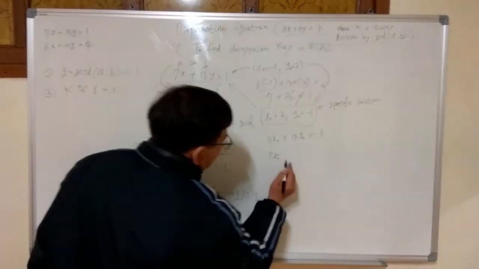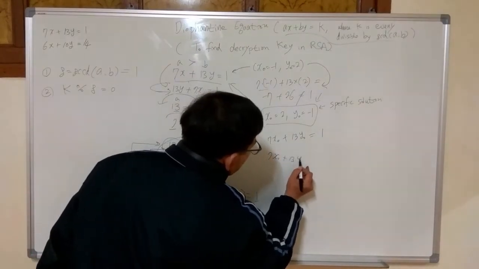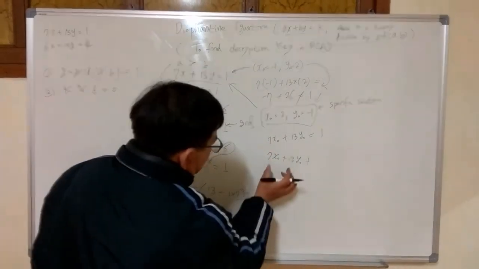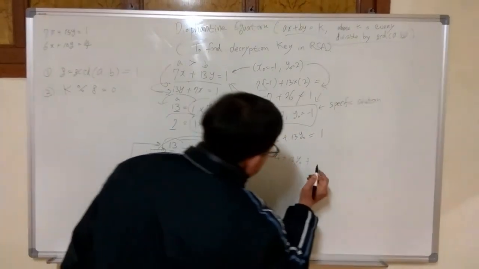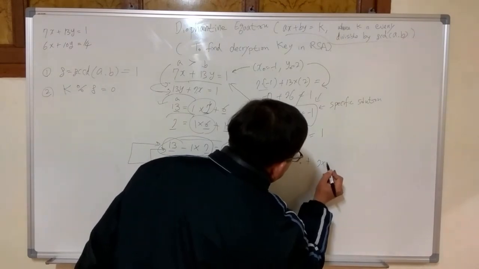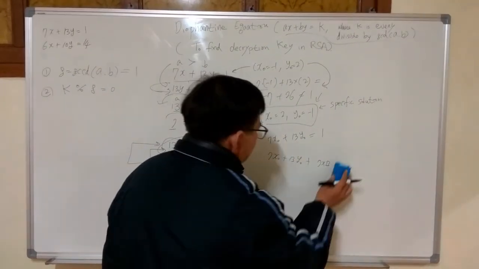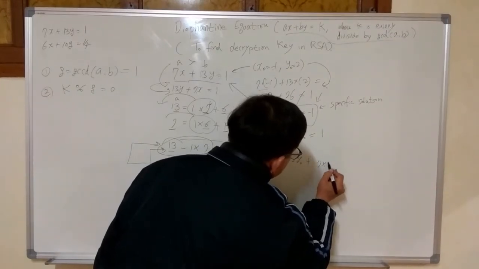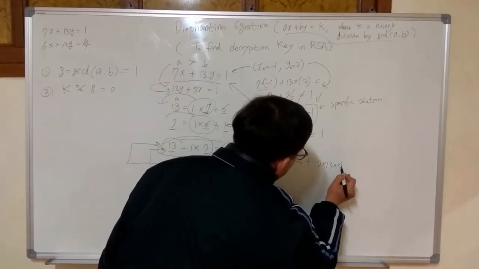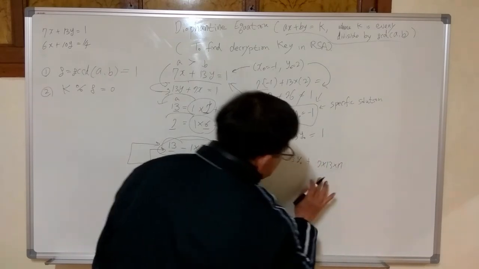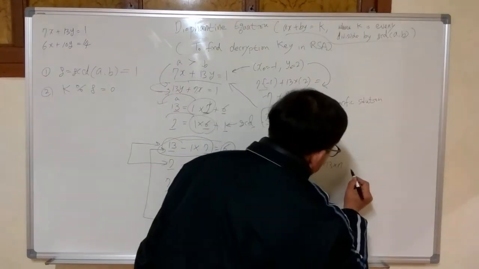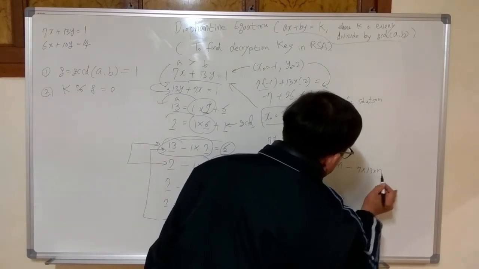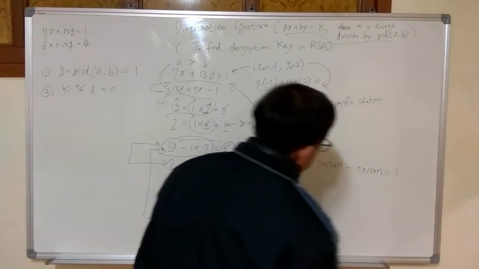7x0 plus 13y0 plus, we multiply them, 7 times 13 times n, see, minus 7 times 13 times n, okay, equals 1.